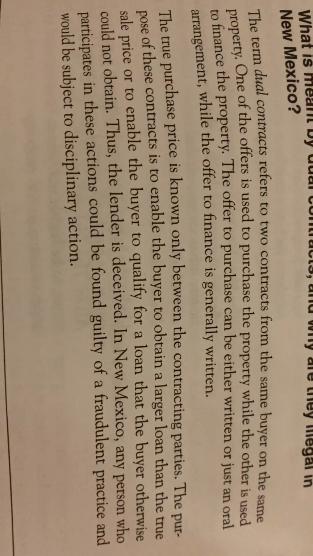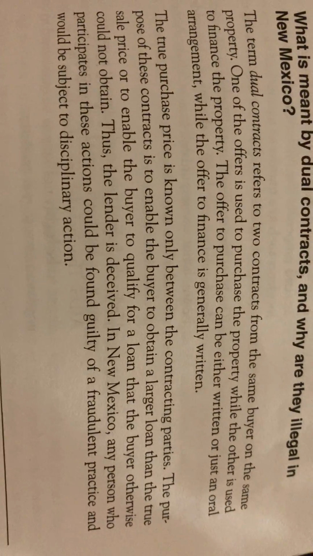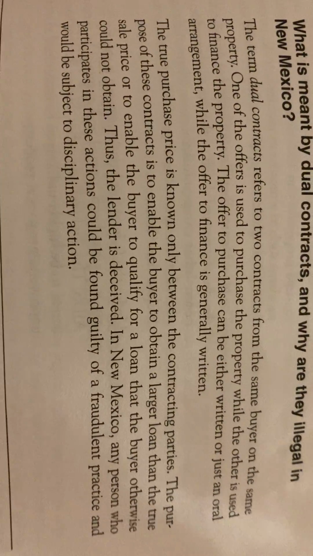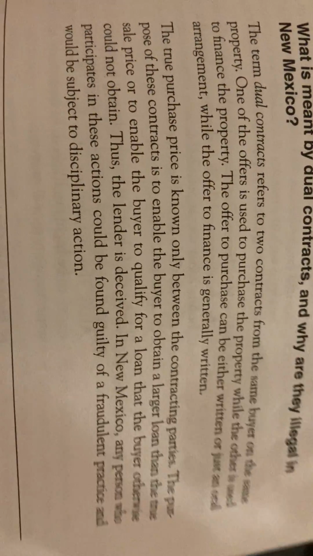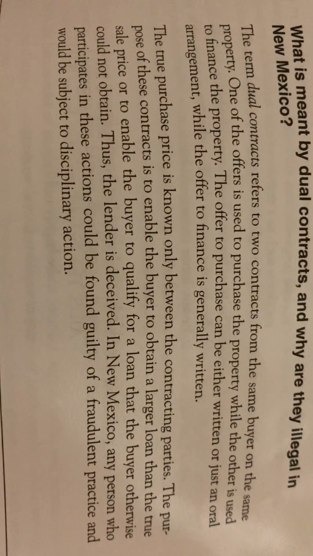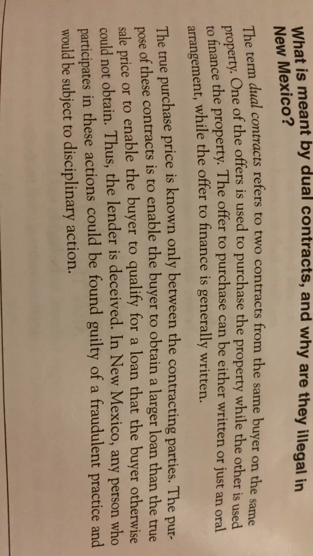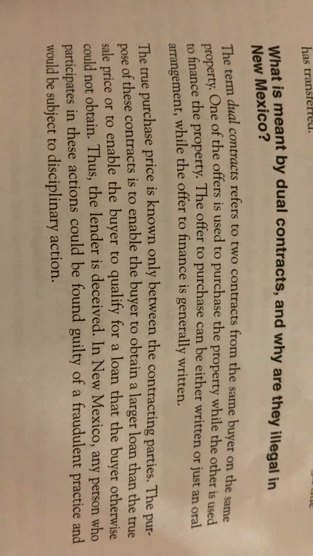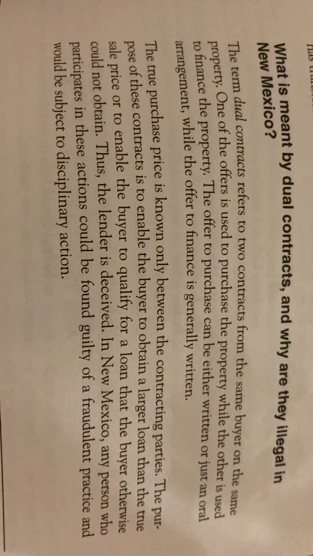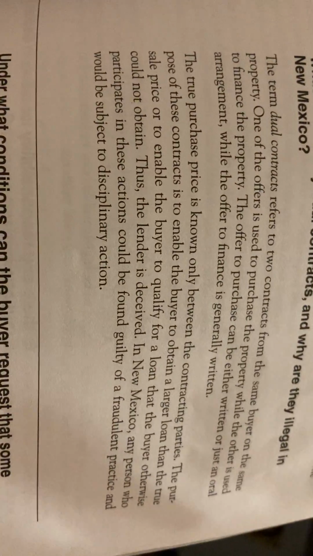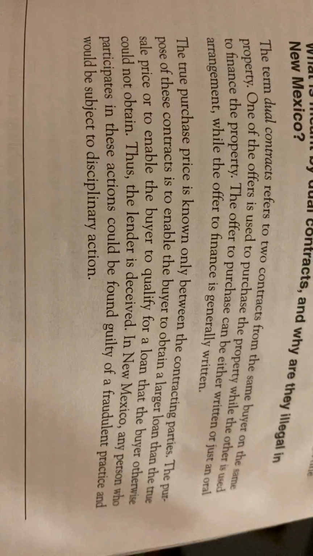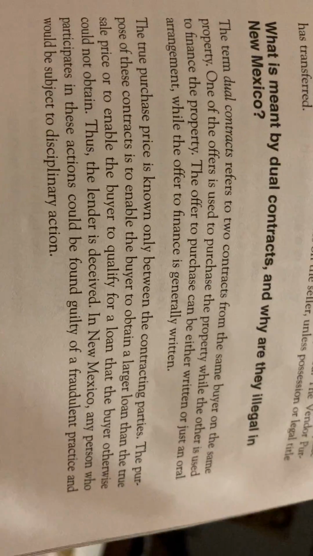One of the offers is used to purchase the property, while the other is used to finance the property. The offer to purchase can be either written or just an oral arrangement, while the offer to finance is generally written. The true purchase price is known only between the contracting parties.